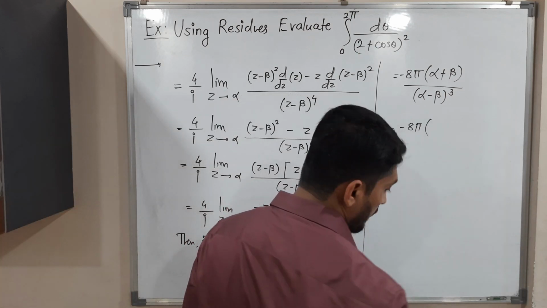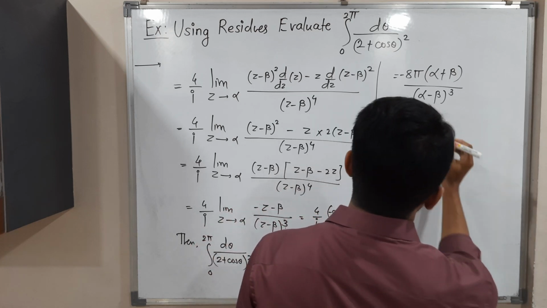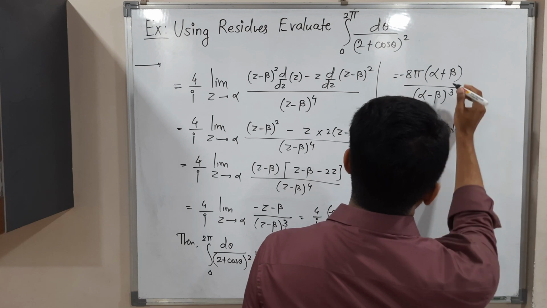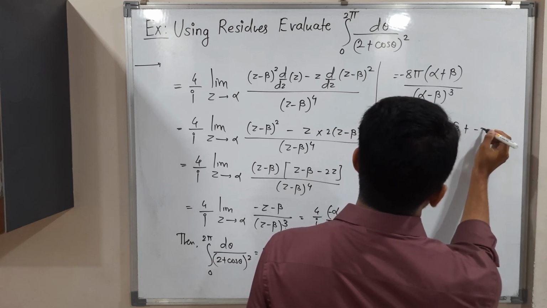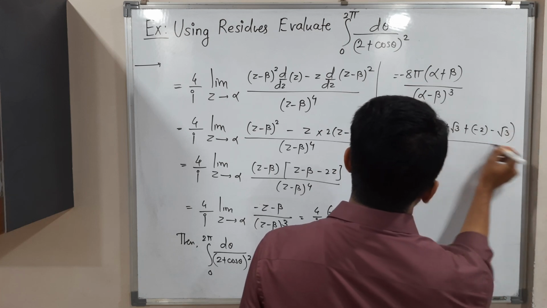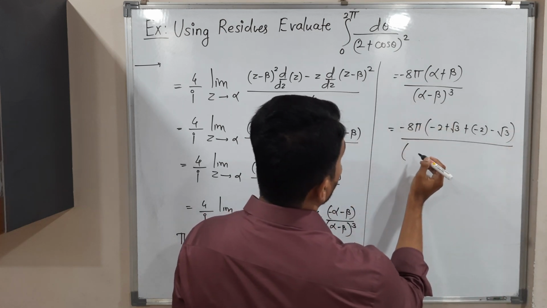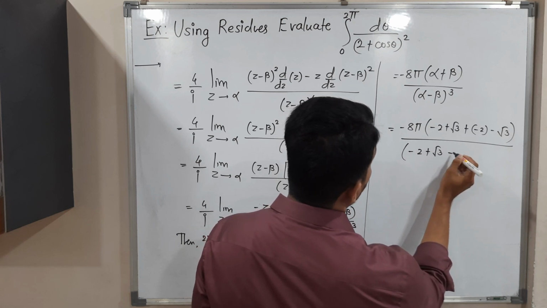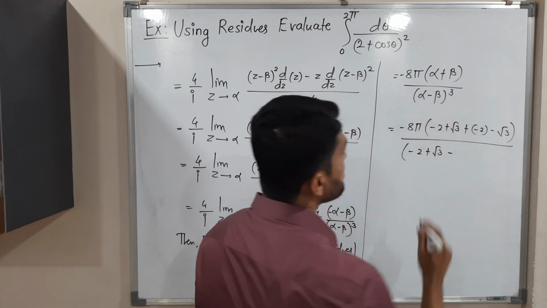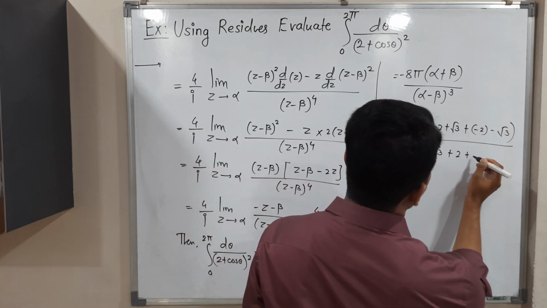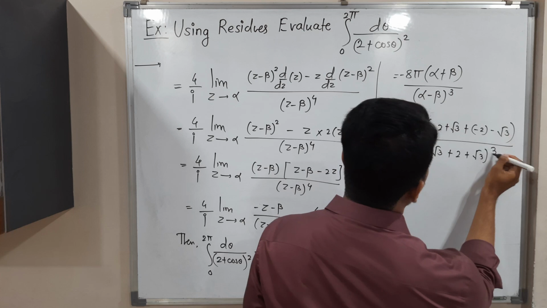So the value of alpha was minus 2 plus root 3. Value of beta is minus 2 minus root 3, okay, divided by, here also I am going to put the value of alpha, minus 2 plus root 3 minus, see already minus is there, so the sign will get changed, minus minus plus, 2 plus root 3, cube.